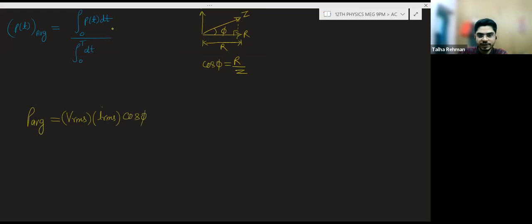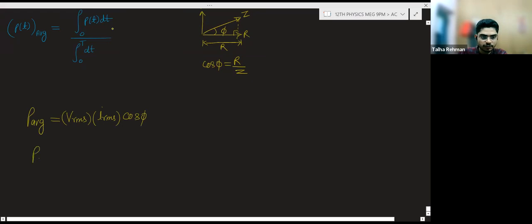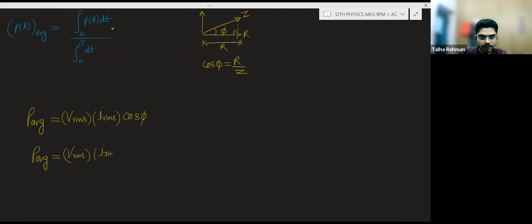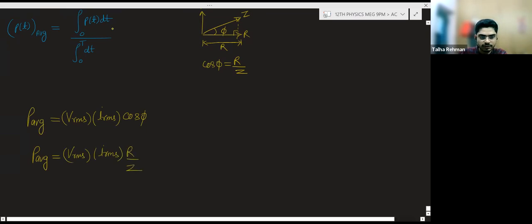And what is cos phi? R by Z. So you can write this formula in this term also: P average is equal to V RMS into I RMS and cos phi is equal to R by Z. So in this form also you can write this formula.